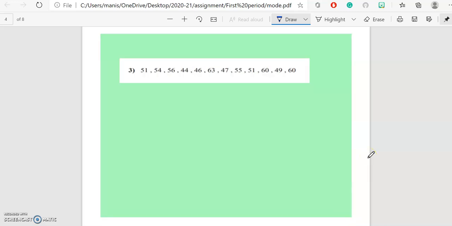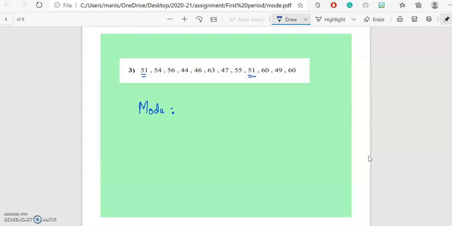Find the mode for the given set of values. So what is mode? Mode is the number that appears the most. So we'll start from 51. Do you see any other 51 over here? Yes, I have 51 coming twice.